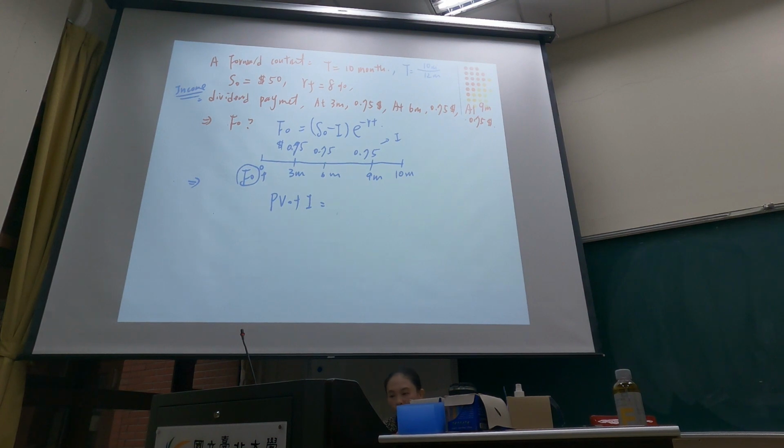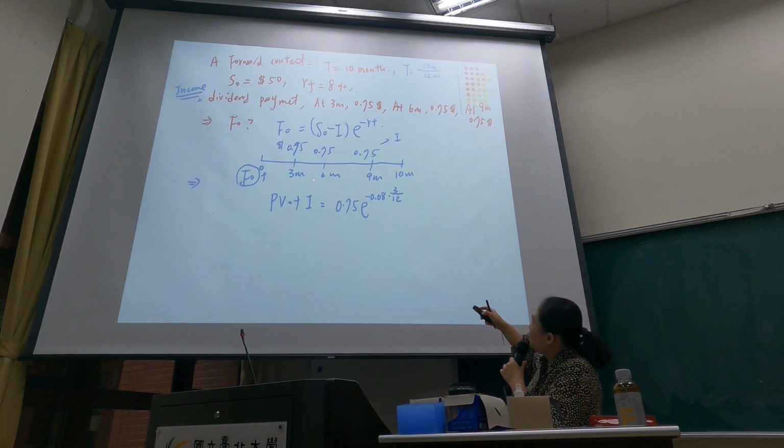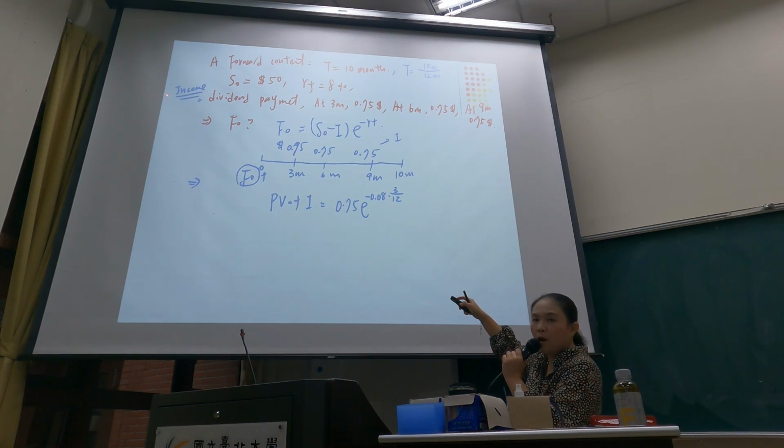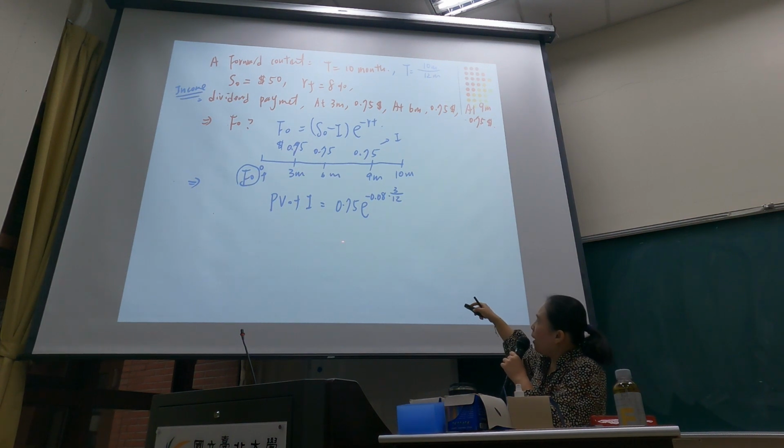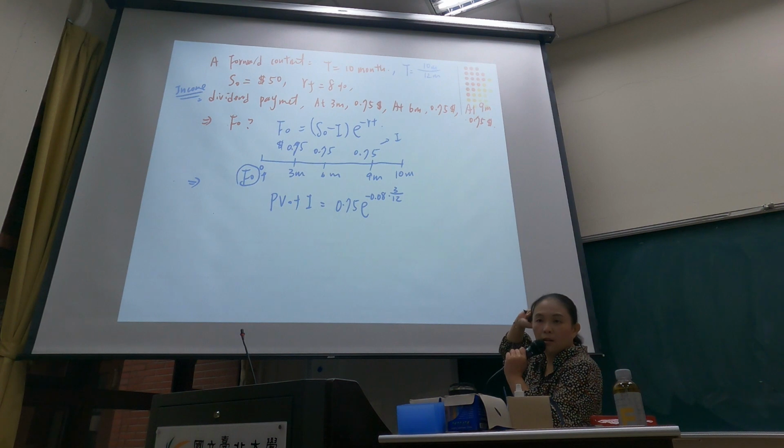Pay attention. The first one would be $0.75 e^(-RT), with 0.08 as your R, and T is 3 over 12, agree? What we're doing now is making all these different-time incomes discounted back to the present time, to figure out the present value of all this dividend income. Then you put the present value of dividend income into this I. So far so good?